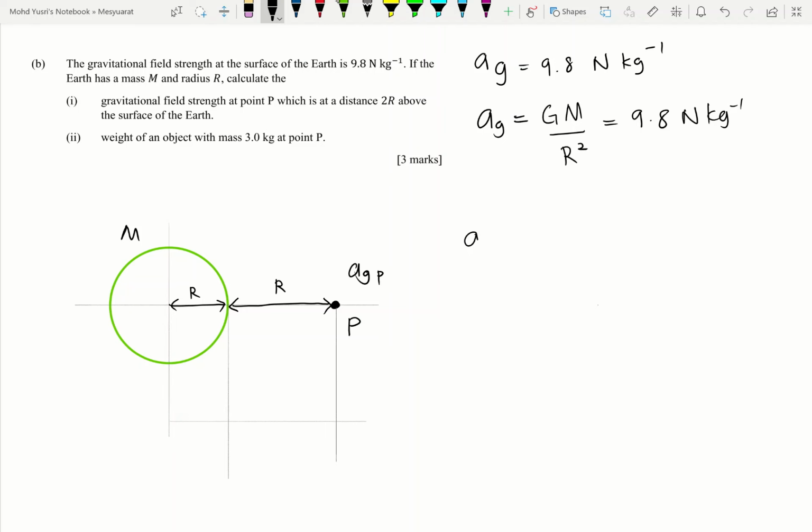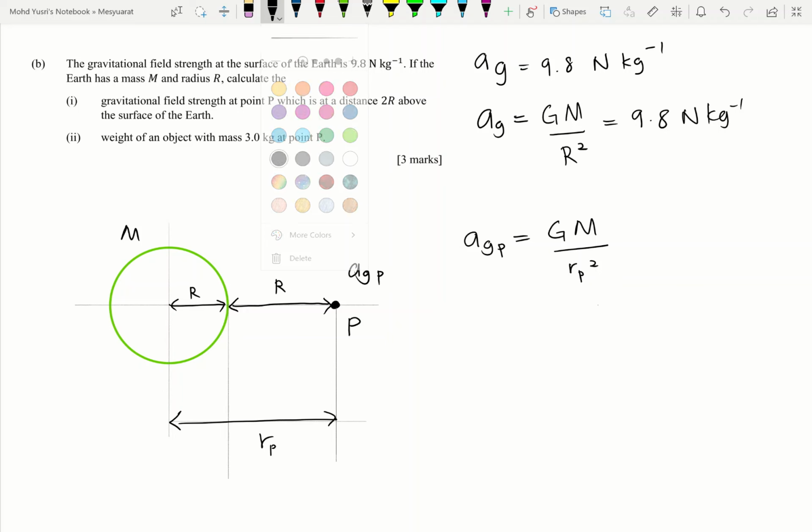The gravitational field strength at point P is equals to G times mass of the Earth over Rp square. Now, Rp is the distance between point P to the center of the Earth. Okay, so tadi saya ada tersilap.